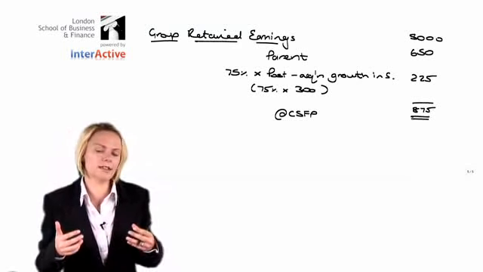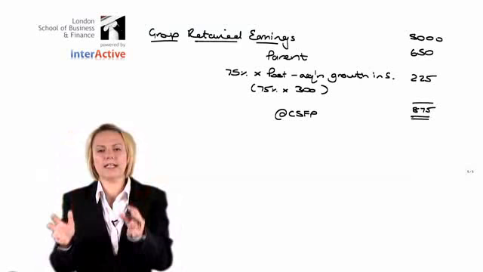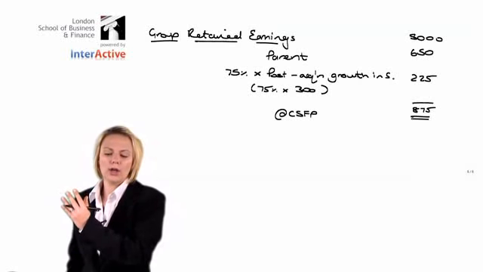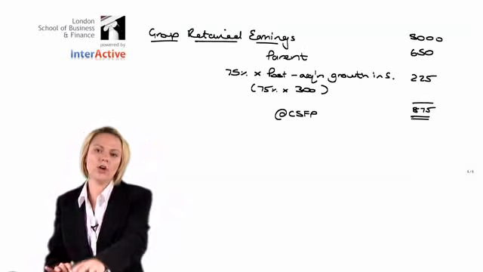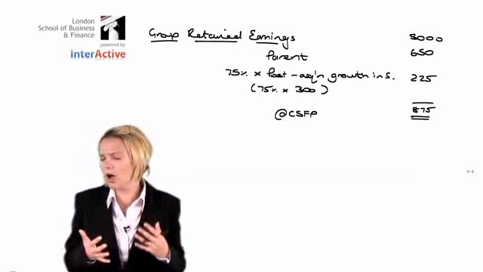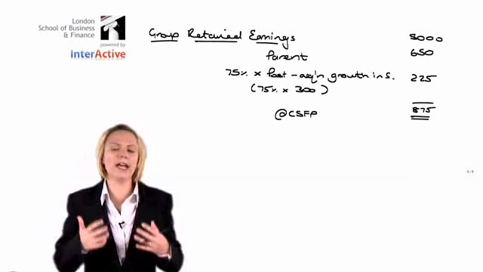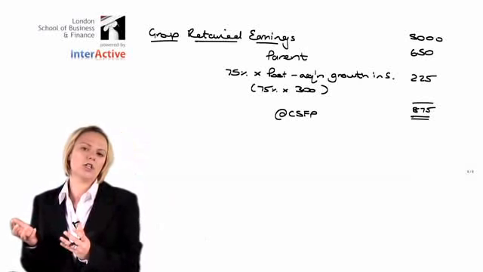Notice we're not taking 75% of the subsidiary's accumulated profits at the year end. We're only taking 75% of the growth, because what was there as retained earnings at acquisition of 100, we had no hand in helping the subsidiary accumulate. We only helped the subsidiary accumulate profits post-acquisition.